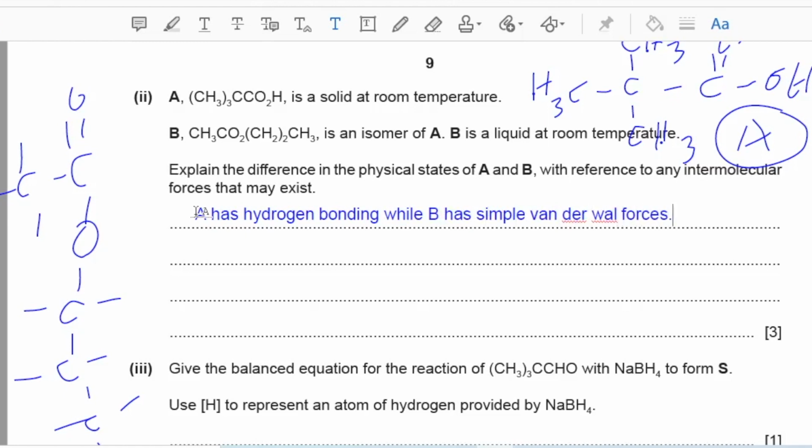And you all must know that hydrogen bonding is the strongest among all the bondings, or at least stronger than van der Waals. That is why A exists as a solid at room temperature.